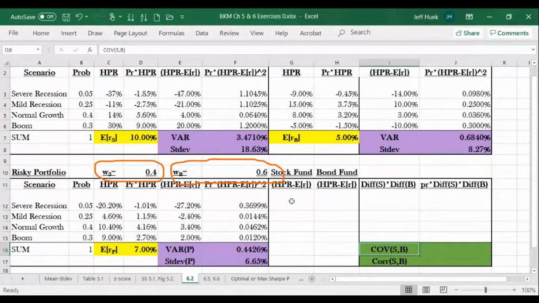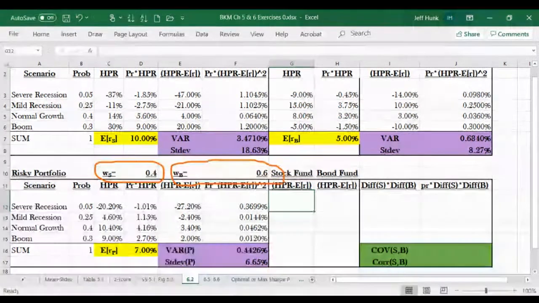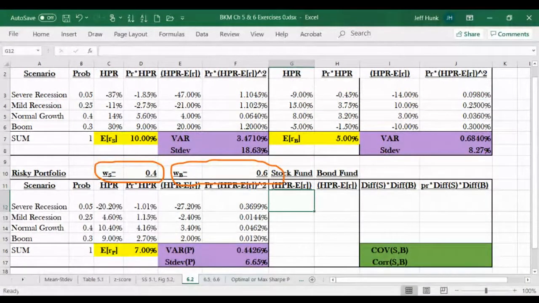So to find covariance, I will need, what's the covariance? Basically, I want to go back to, let me quickly, let me see if I can copy this.